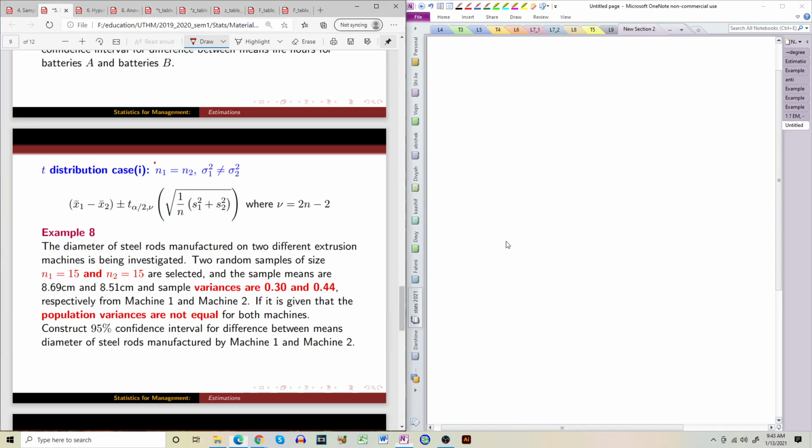The condition is the 2 sample sizes are the same, 15 and 15, and the population variance is not equal. You see this one.